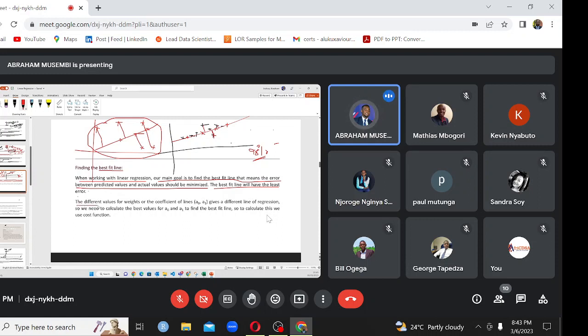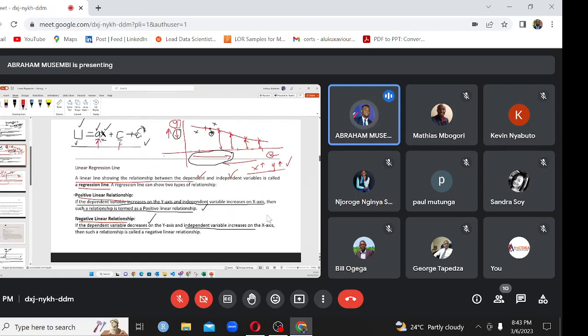We have different values for the weights, or what we call the coefficients of the lines. For example, A and C are coefficients of our model.